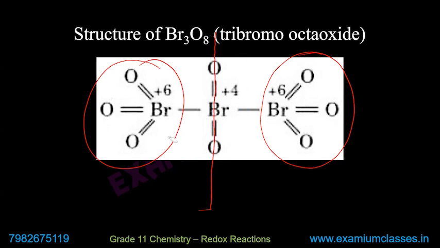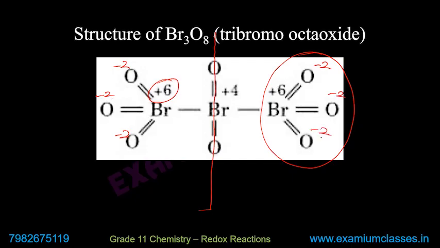Because you have here -2, -2, -2, -6 will be balanced by +6. So the left bromine will have +6 charge, hence its oxidation state will be +6. Similarly, on the right hand side, -2, -2, -2, all -6 will be balanced by one bromine, this one, so +6.